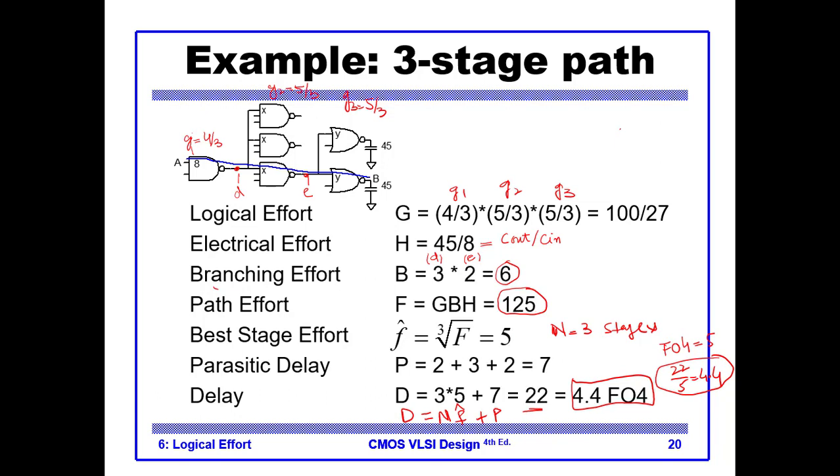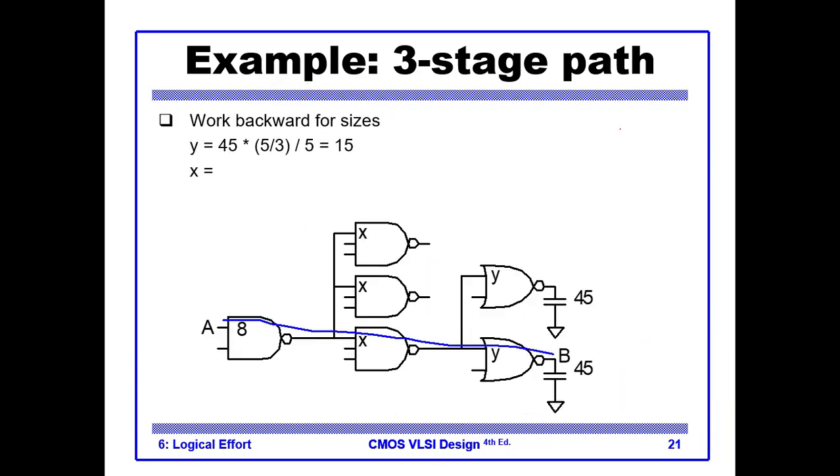So I can write this as Cn of I is equal to Gi into C out I divided by F cap.